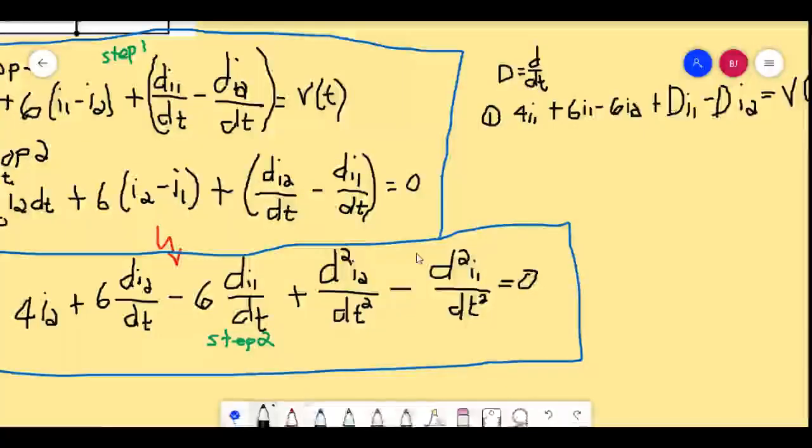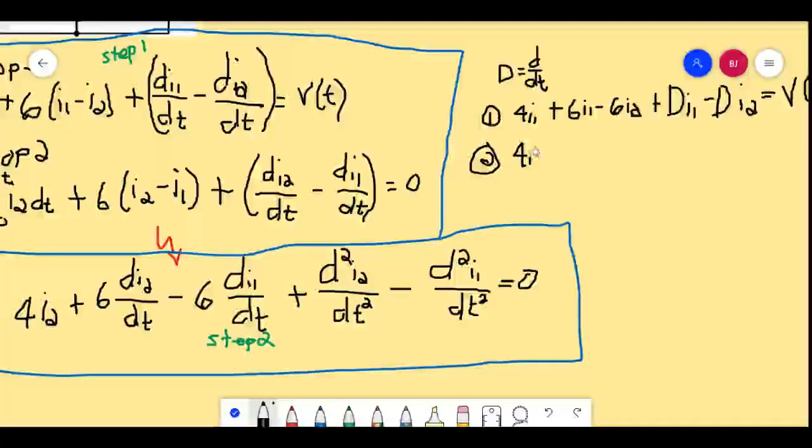Then we have our equation here at the bottom that we applied the second step a while ago. So no change here, so this would still be 4 I2 plus, so these has a couple of d's on it, so this one will be 6d I2 minus 6d I1.